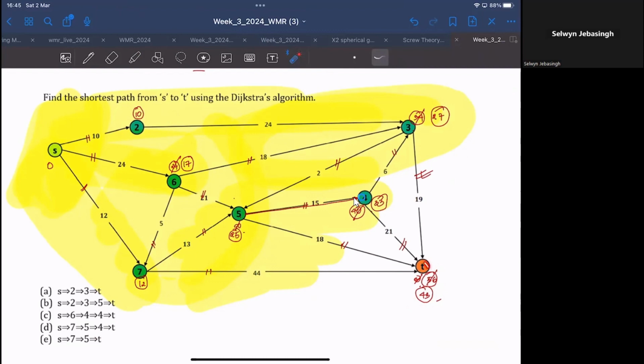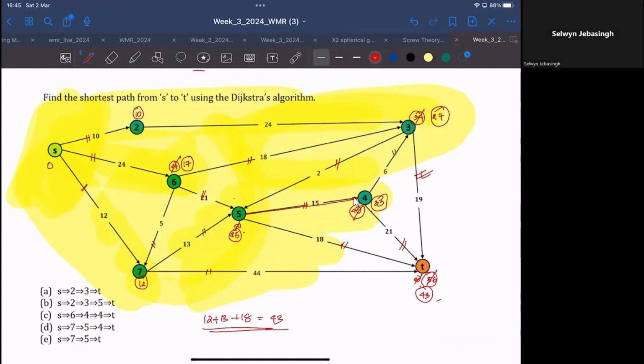T, then it will go to 5, then to 7, then to S. This path gave you 43, because it is 12 plus 13 plus 18. 12 plus 13, 25, plus 18, that is 43.